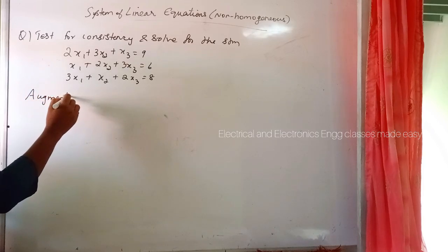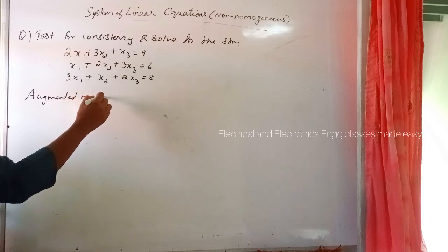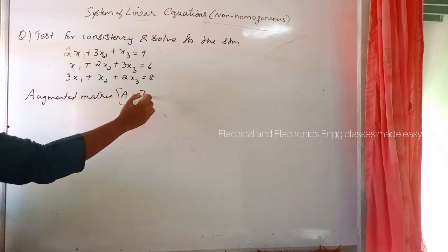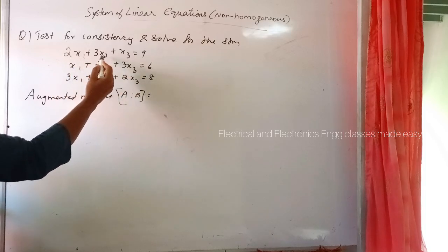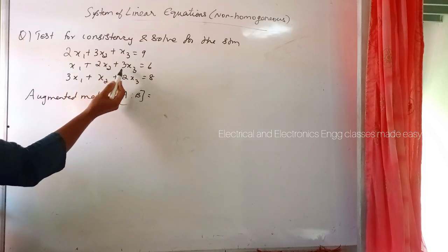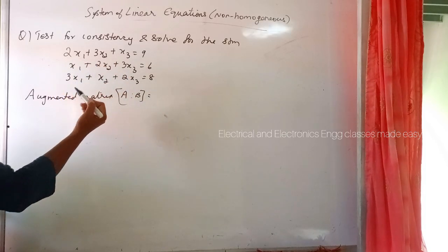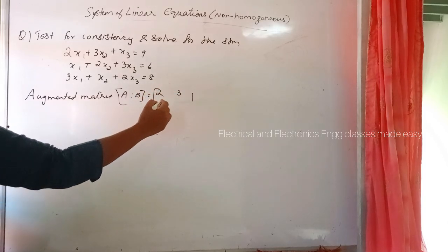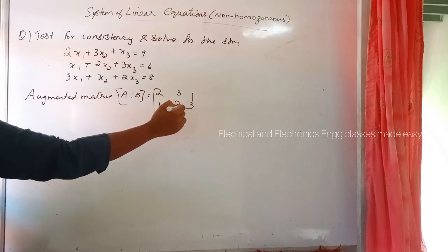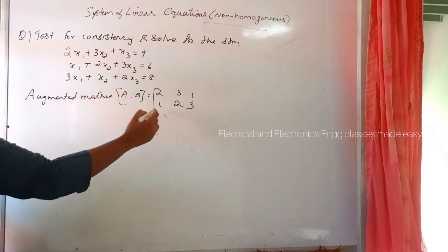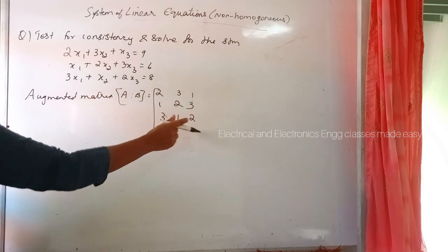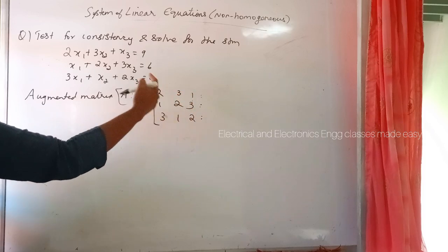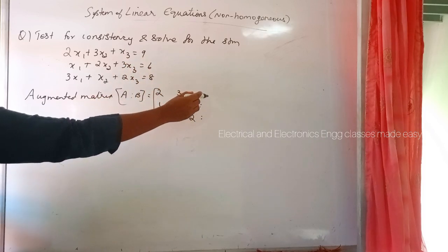So the augmented matrix AB is equal to, A is 2 3 1, 1 2 3, 3 1 2, then B is 9 6 8.